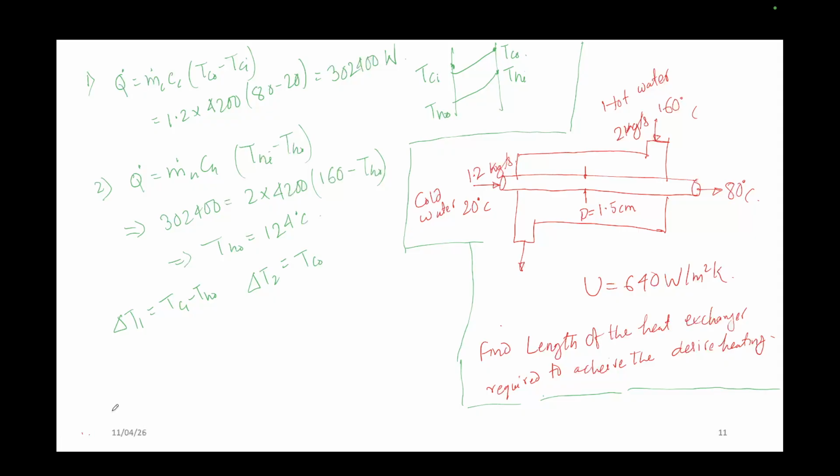Yes or no? Yes, sir. No, no, no, the answer will not change, but the negative sign will come. So it will not be good, THI, and physically it will be wrong.